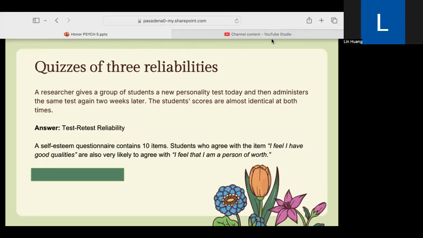And second scenario, a self-esteem questionnaire contains 10 items. Students who agree with the item "I feel I have good qualities" are also very likely to agree with "I feel that I'm a person of worth." That means consistency across different items. So that is internal consistency.